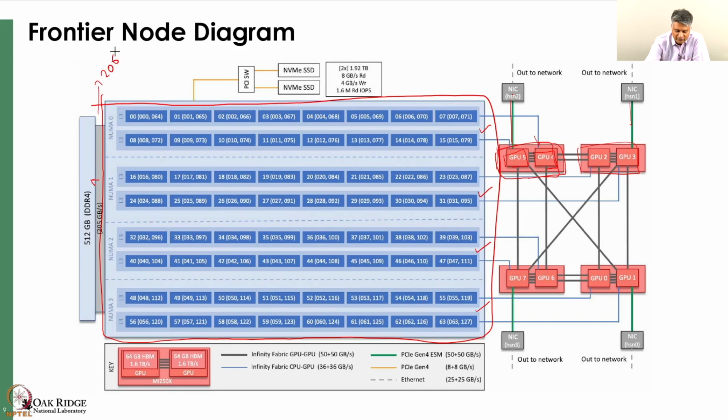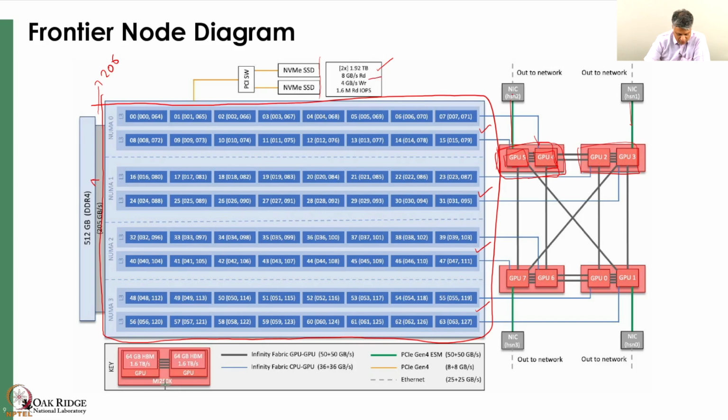We also have the NVMe SSD for storage over here, which is about 1.29 terabytes of storage. That is capable of 8 gigabytes per second of read, 4 gigabytes per second of write, and about 1.6 million read-write operations per second.